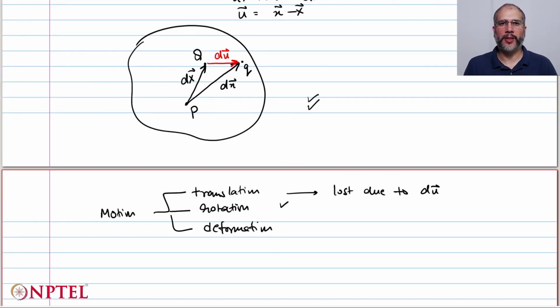So I'll just mention that translation information is lost because of the differential displacement. Translation is basically you add a constant to the component, for example, capital X1 plus some C1, capital X2 plus some C2, and capital X3 plus some C3. So all that is lost when you differentiate the small x value.